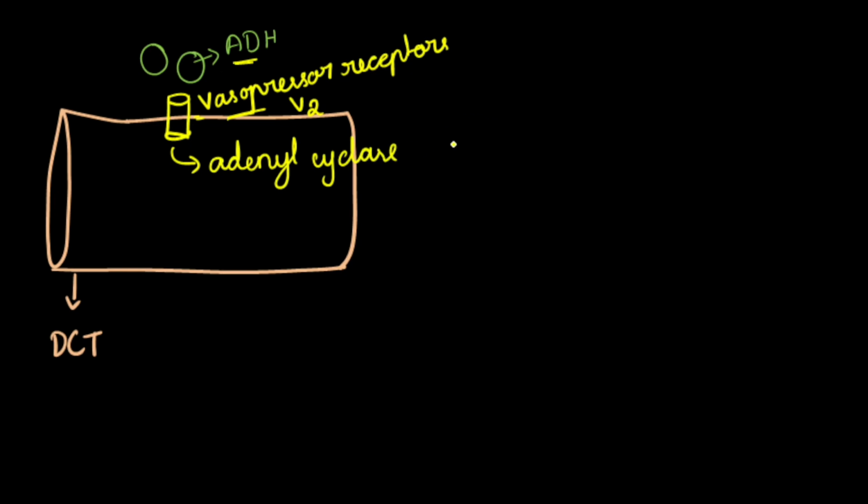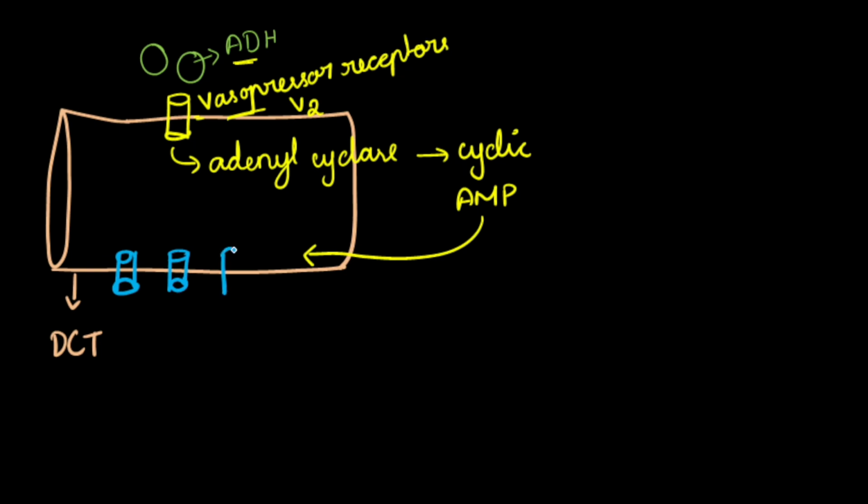and this adenyl cyclase forms cyclic AMP, and this cyclic AMP activates one special type of water channels situated in the DCT and collecting ducts, mainly DCT, that is none other than aquaporins.